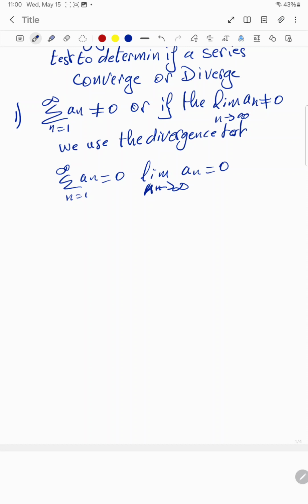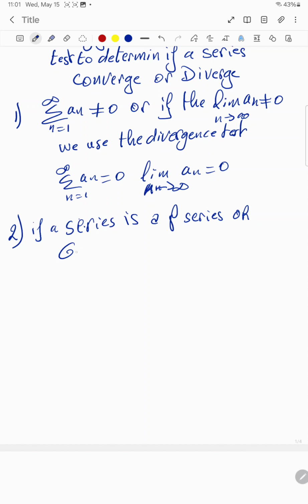In strategy number 2, we'll talk about the P series and the geometric series. The P series, sometimes we call it the Riemann series. So on this one, if a series is a P series, or Riemann series, it's the same thing, or if it is a geometric series.